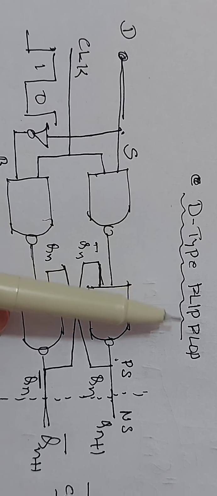If S is 0, this NOT gate makes its complement, then R is 1. If S is 1, then this NOT gate makes its complement 0, then R is 0. Therefore, when S and R are joined with a NOT gate, this carries a single input known as data input.